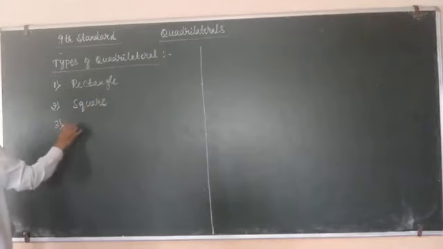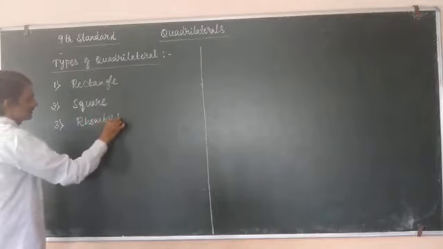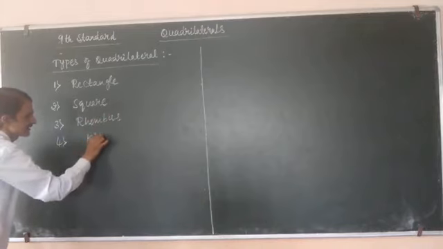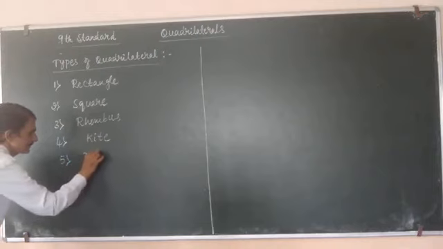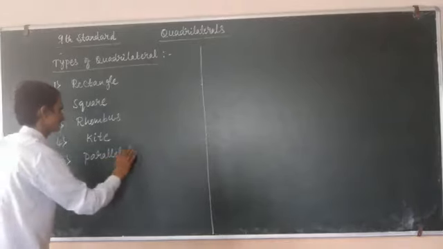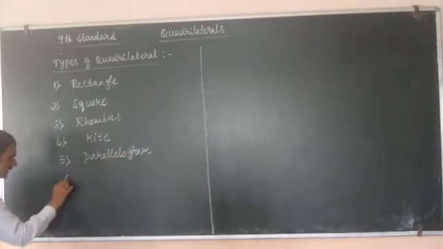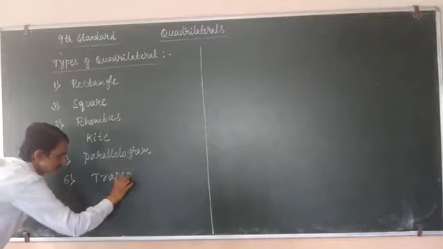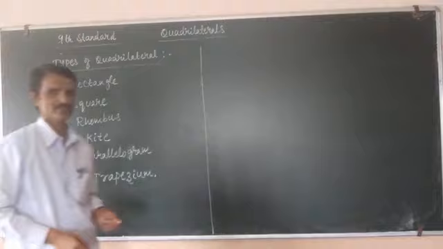Third one is rhombus. Fourth one is kite. Fifth one is parallelogram. And last one is trapezium.